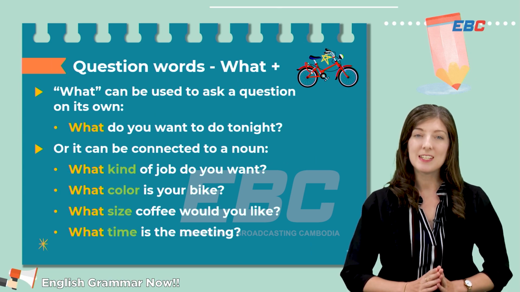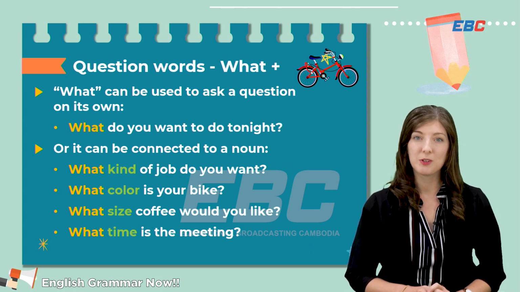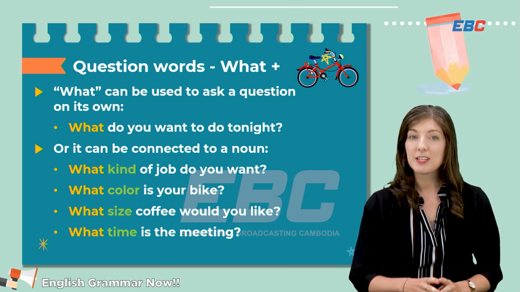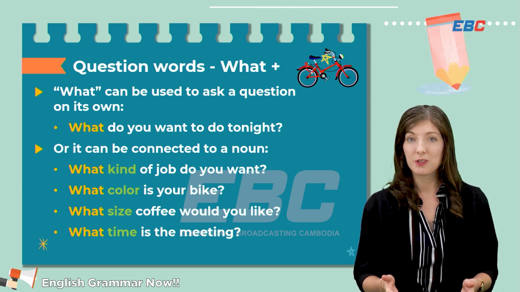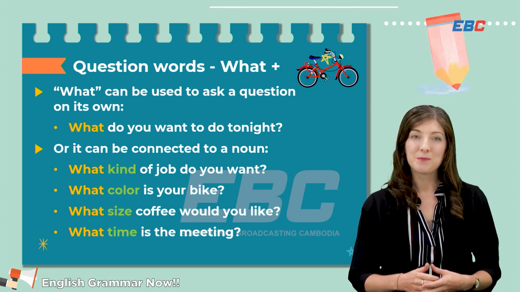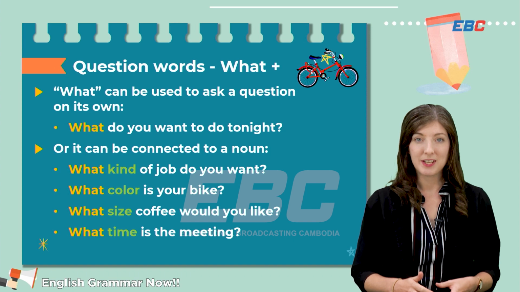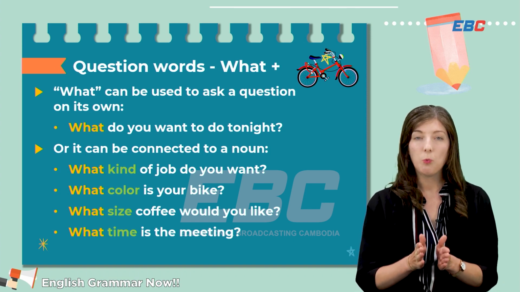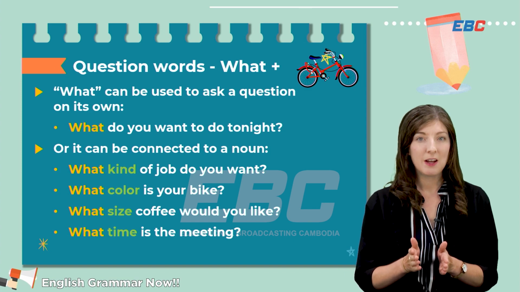Let's look in detail at a few of these question words. First of all, what can be used to ask a question on its own, like we've already seen. Here's another example. What do you want to do tonight? But we can also connect what with different nouns.